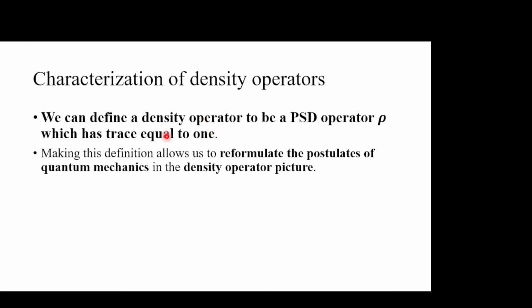We can just say that whatever matrix is PSD and has trace 1, we call it a density operator. It corresponds to a classical mixture of quantum states, and then we can do evolution and measurement on it. Having this definition allows us to reformulate all the postulates of quantum mechanics. We have about 5 minutes, and I think we can finish.